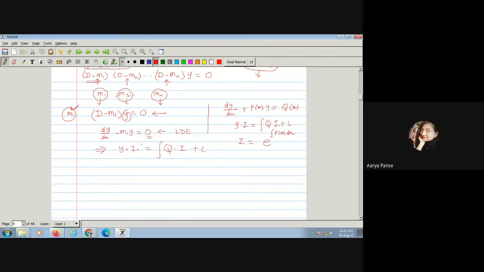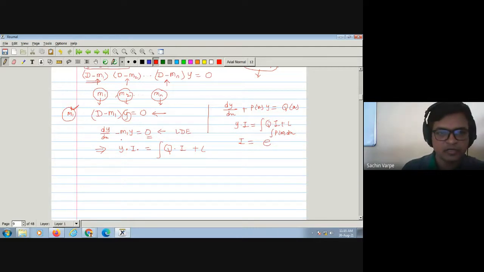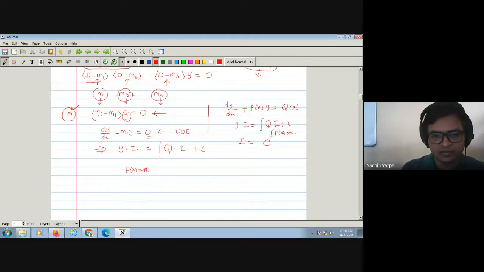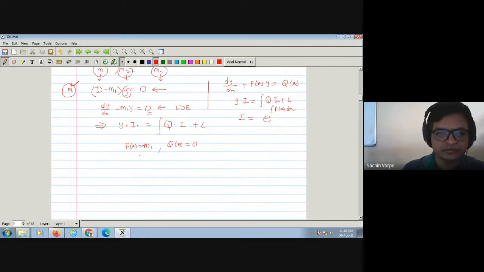So the same thing here. What is the value of p here? P of x is minus m1. It is not just m1, it is minus m1, right? And what is q of x? 0. So what will be the integrating factor then?